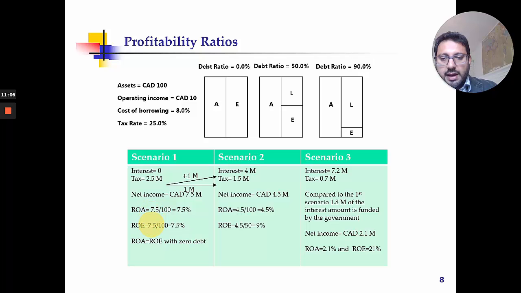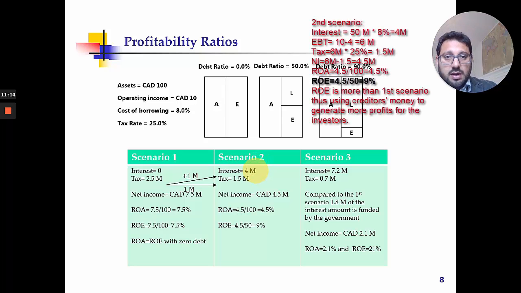If we go ahead with the second scenario, where we have 50% debt, in that case our net income is 4.5 million. And how did we get it? We first have to calculate the interest. So interest is 8% of the 50 million borrowing. Remember, 50% of the assets is financed by debt.